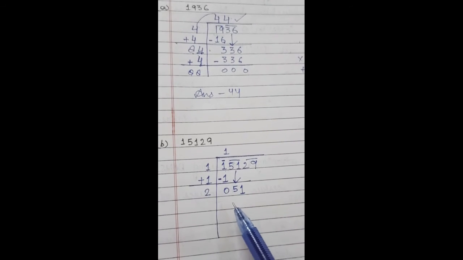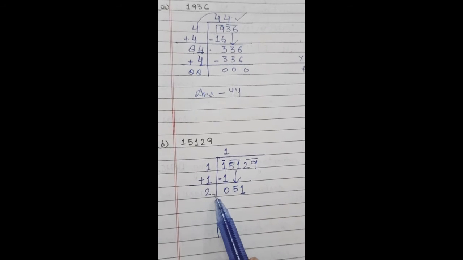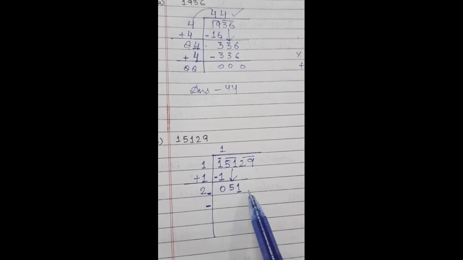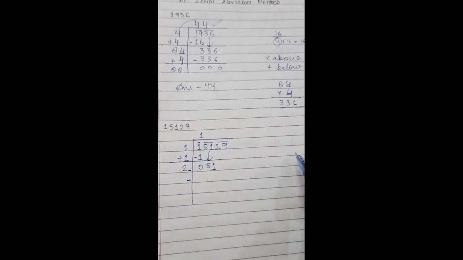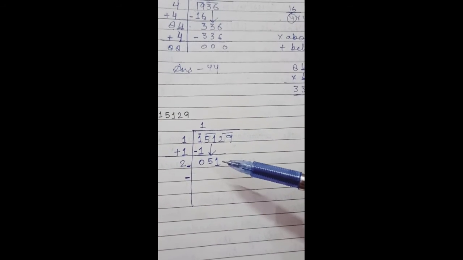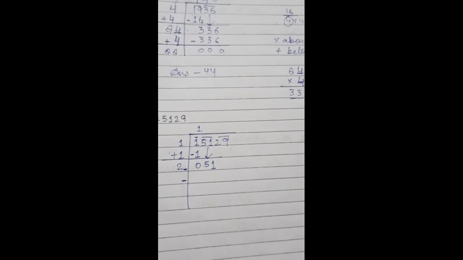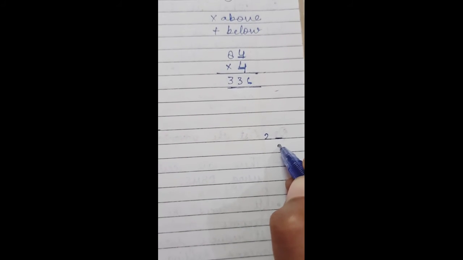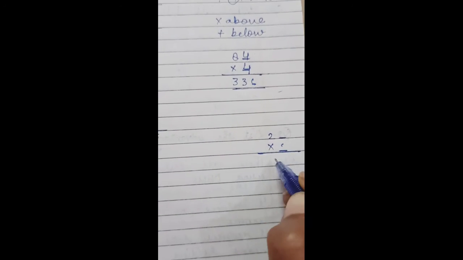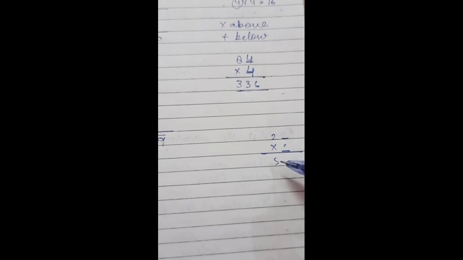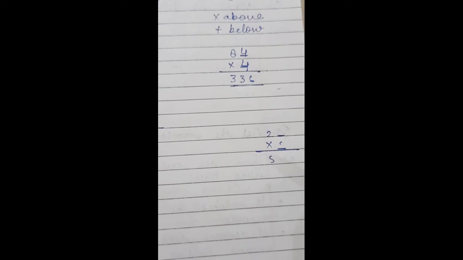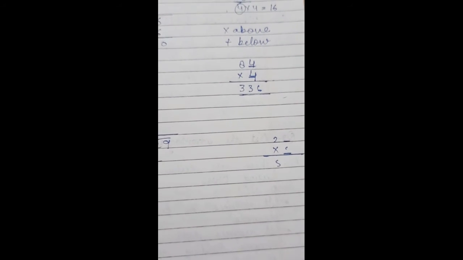Now we look for the product of two numbers that give us 51 or the number below 51. So here we can get, it should look like this, right? And we have to find out the number which is below 51 or equal to 51.